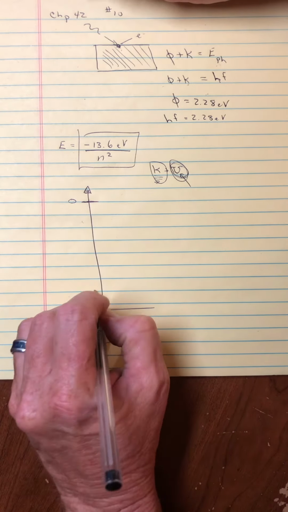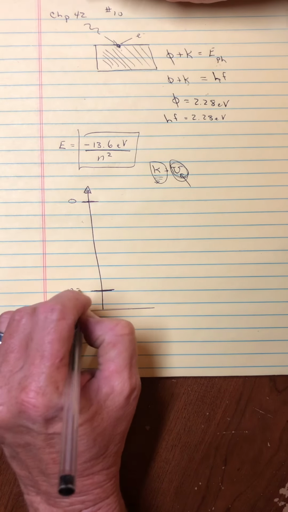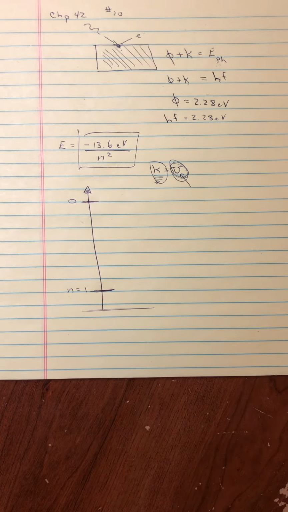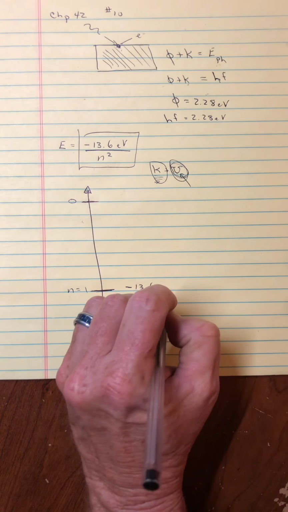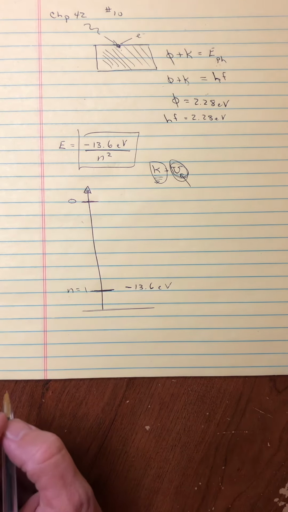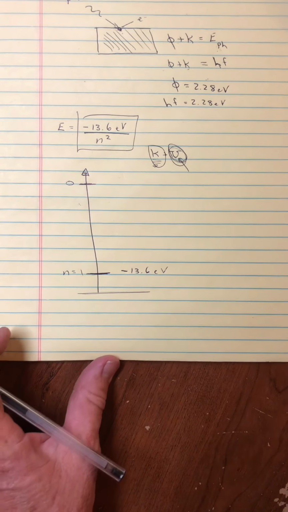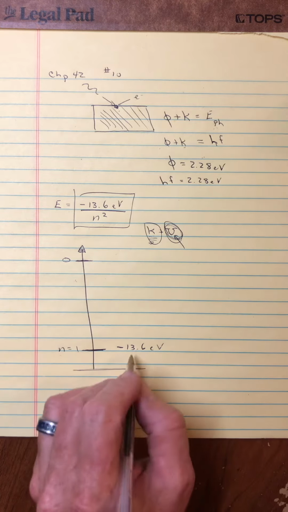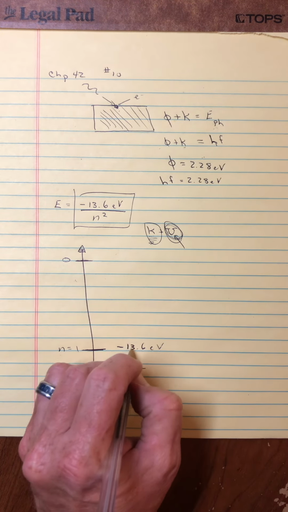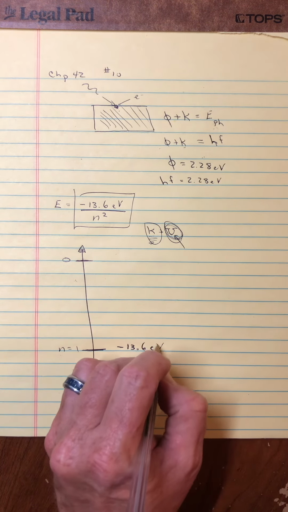The lowest energy, when n equals 1, is negative 13.6 electron volts. Most of the time, hydrogen likes to be in this lowest energy state, negative 13.6 electron volts.